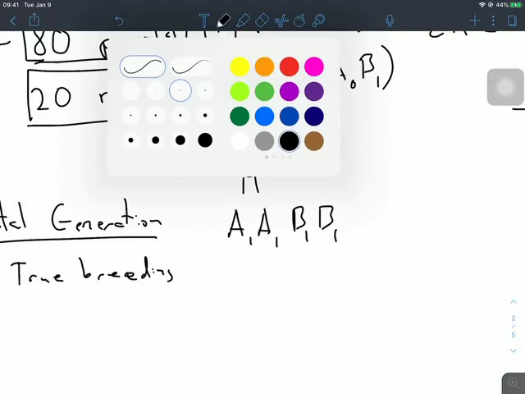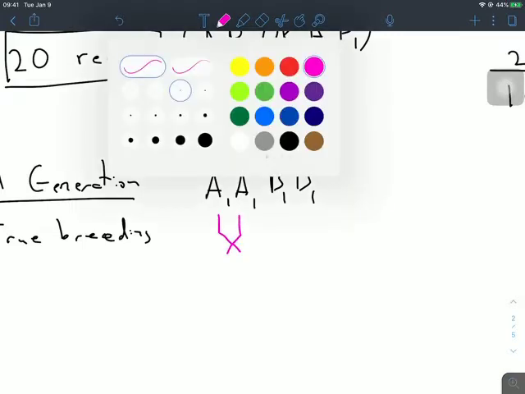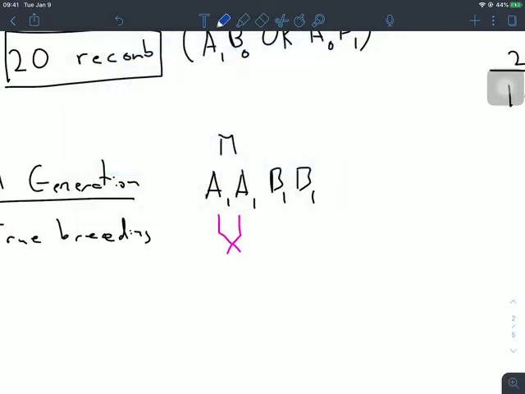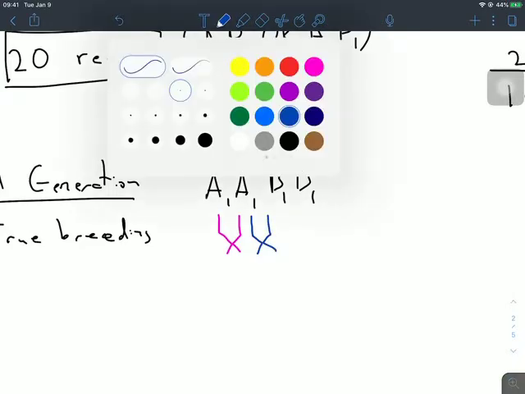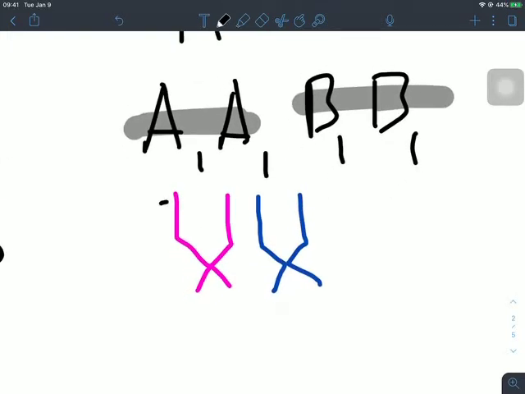When we draw out her two possible chromosomes, we know that in every single case, because the A has the same allele and the B has the same allele, that A1 will always be connected to a B1, and that A1 will always be connected to a B1.